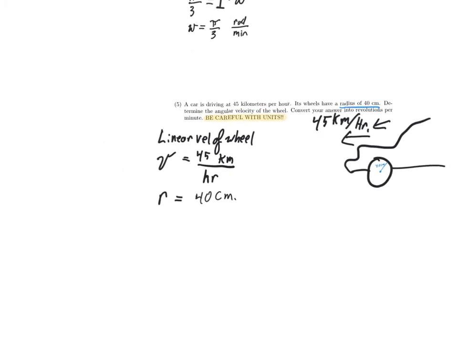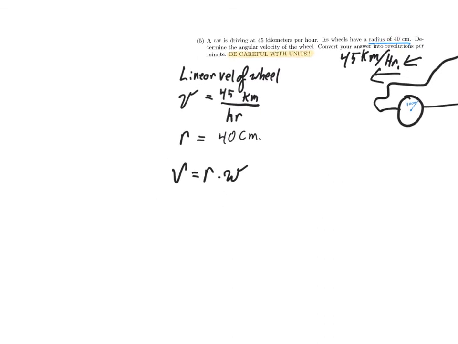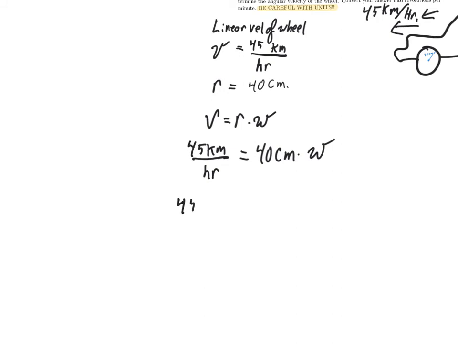Great, so I have a formula. I know that V is equal to R times omega. So that means 45 kilometers per hour is equal to the radius times the angular velocity. I can solve this for omega. 45 kilometers per hour times 1 over 40 centimeters is equal to omega.